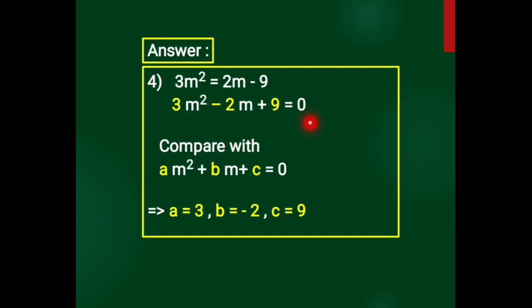So we compare this equation with am square plus bm plus c equals to 0. So after comparing, the coefficient of m square is a and 3. So we get a equals to 3. The coefficient of m in both equations is b and minus 2. So we get b equals to minus 2. And the constants are c and 9. So we get c equals to 9.